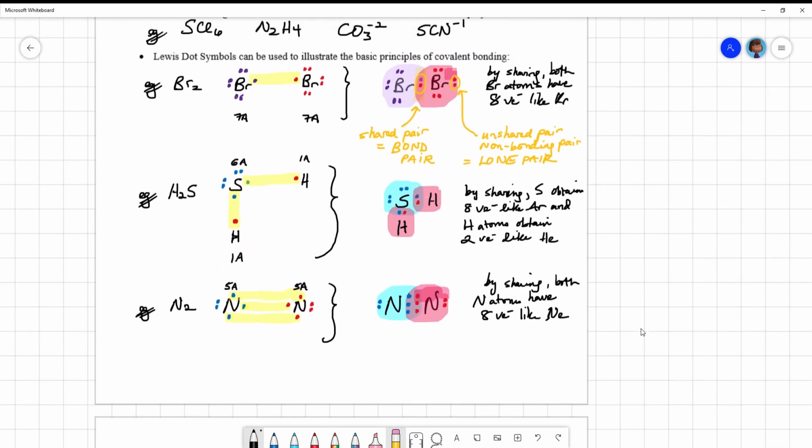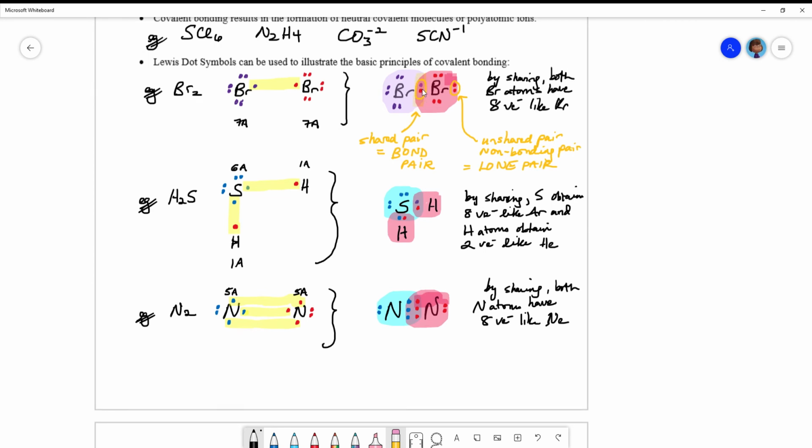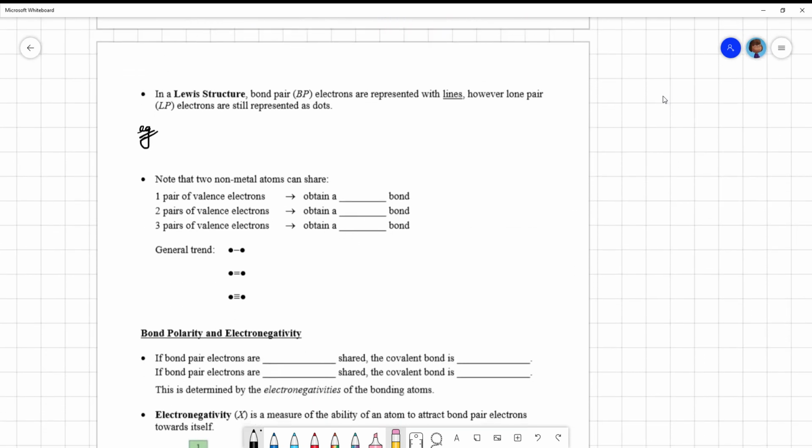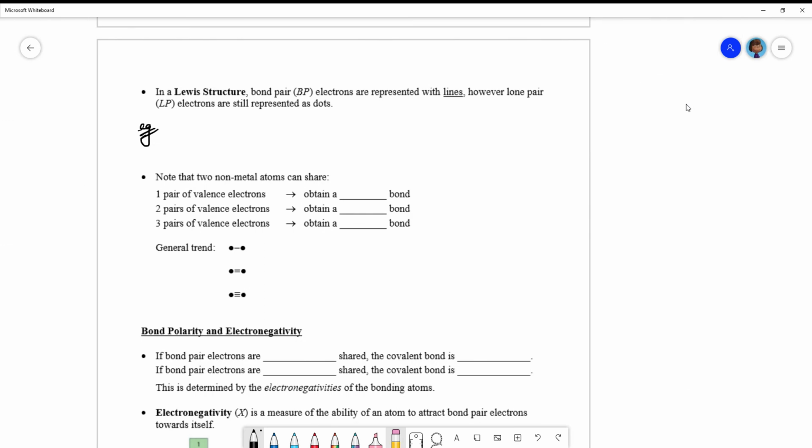We had 1 bond pair, and I actually circled it in yellow. So that 1 bond pair is now going to be represented as a line between the 2 bromines. Meanwhile, all of the lone pair electrons around each of these bromine atoms are still represented as dots.